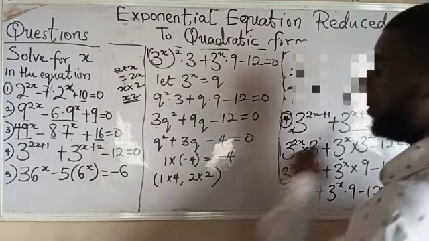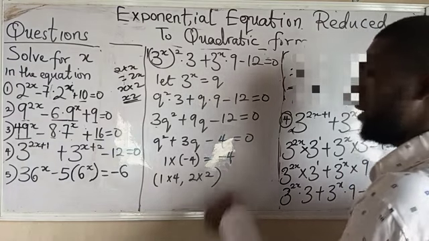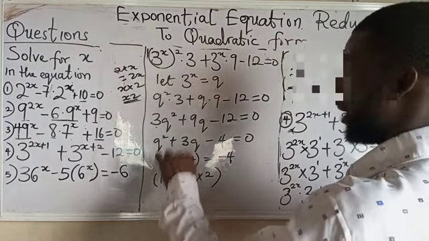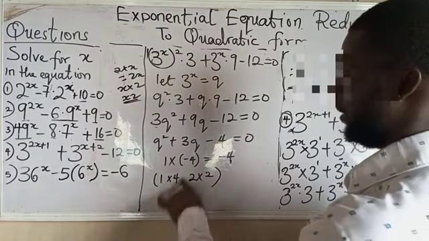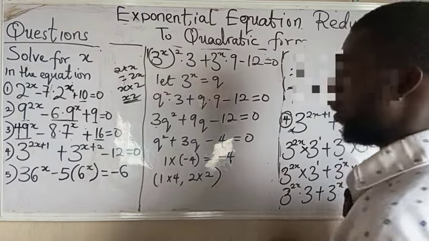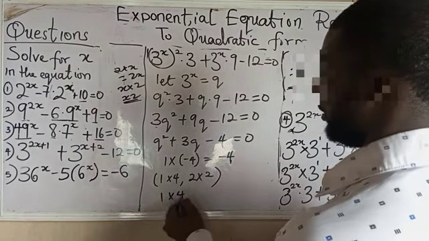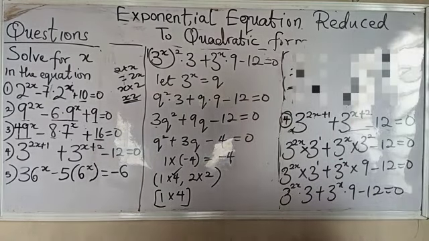Now we look at the combinations that, when you multiply, give 4, and when you add, give us plus 3. We are going to get it from 1 times 4. So 1 times 4 is the right option for us.